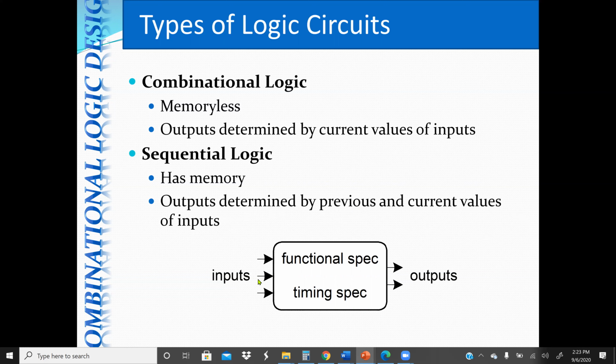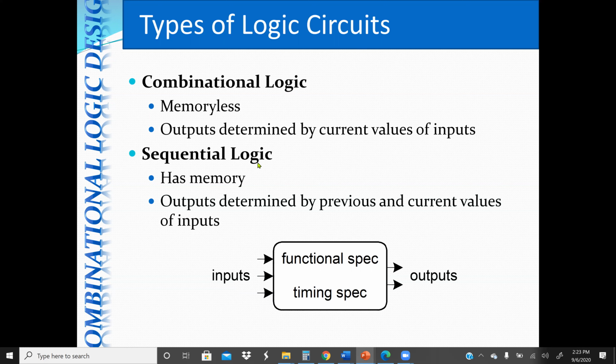So we still have the input, the output, and the functional and timing specifications. Again, a logic circuit consists of an input, output, functional specification, and timing specification, and we have 2 types of logic circuit. Combinational logic has no memory, so the input alone determines the output.